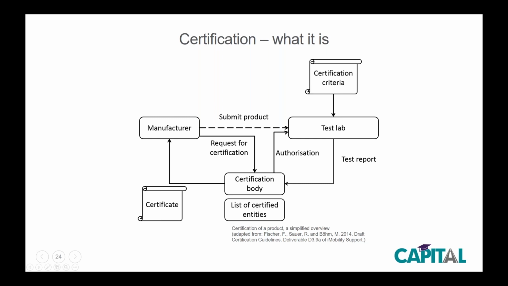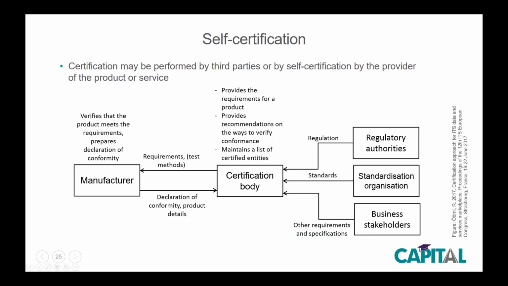So this model includes tests carried out by an independent test lab. On the other hand, certification of a product may also be organized as self-certification. In the self-certification model, the manufacturer verifies that the product meets applicable requirements, and after carrying out the tests, prepares a declaration of conformity.